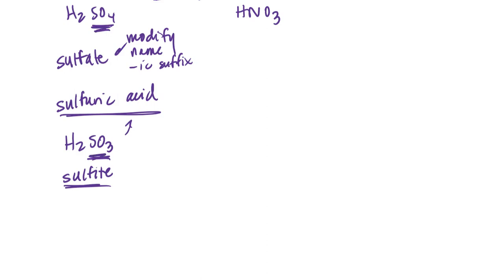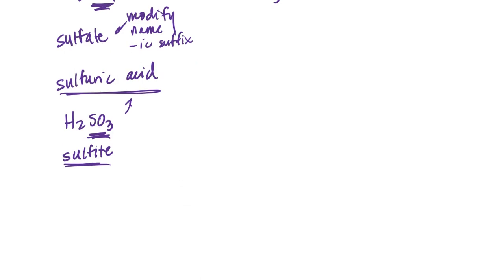And the way that we accomplish this is basically I'm going to modify this anion name so that it has an OUS suffix instead. So this would then become sulfurous acid. Okay?